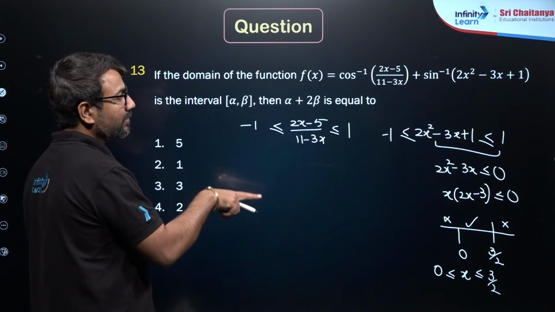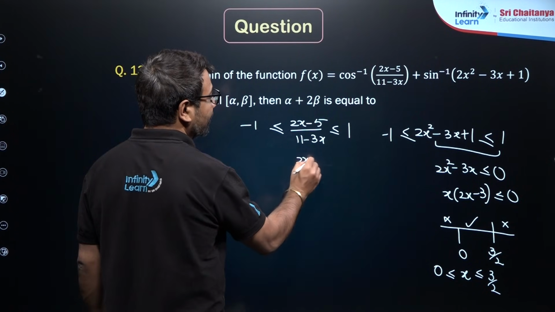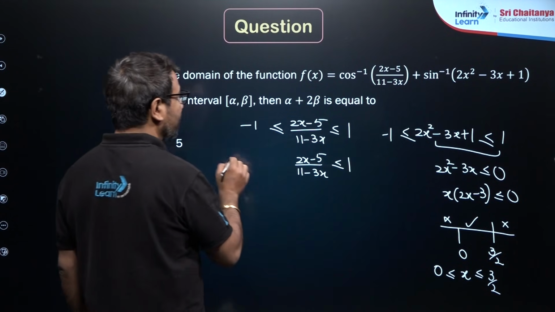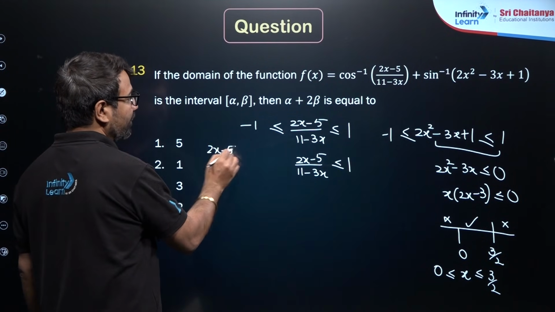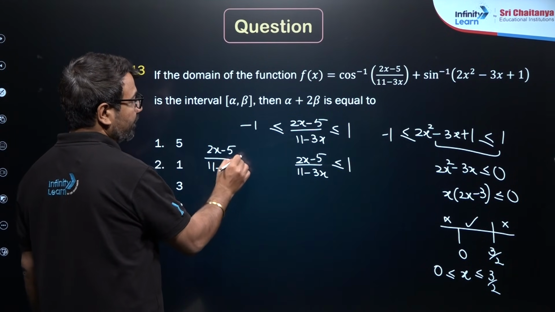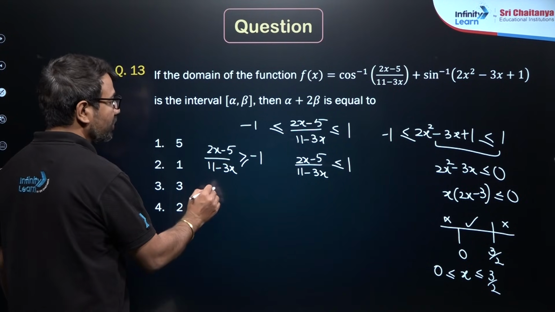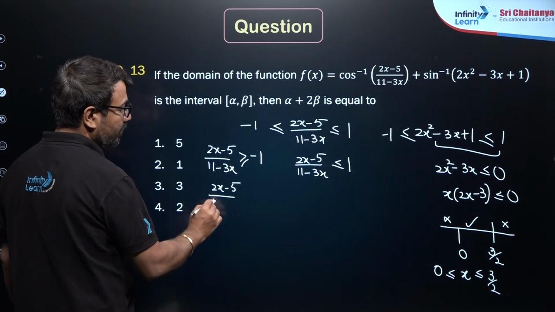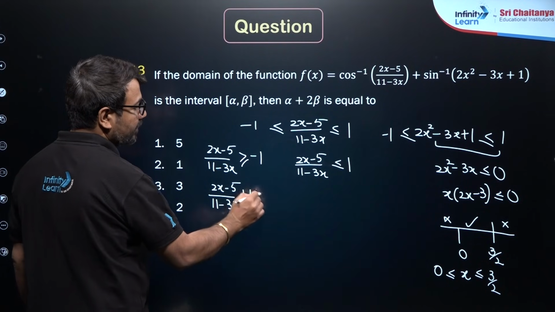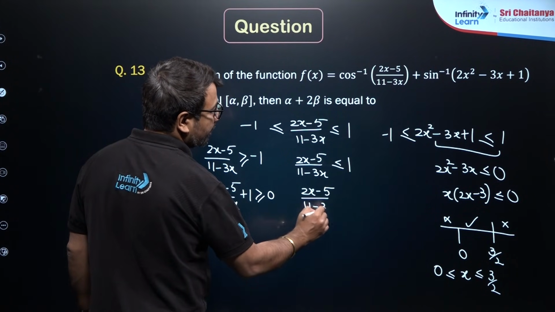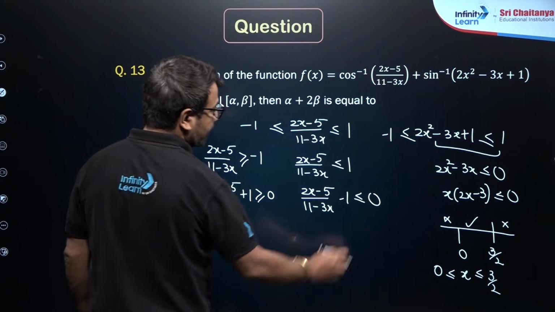From here, my dear students, you have to simplify the left hand side, and the right hand side separately. Okay, now you take this plus 1 to that side, 2x minus 5 over 11 minus 3x plus 1, and you take this minus 1 to this side.